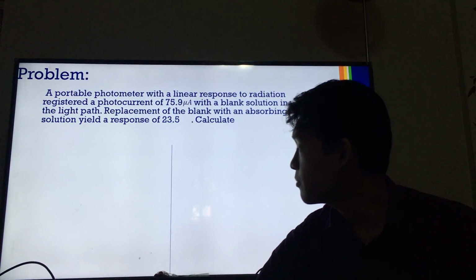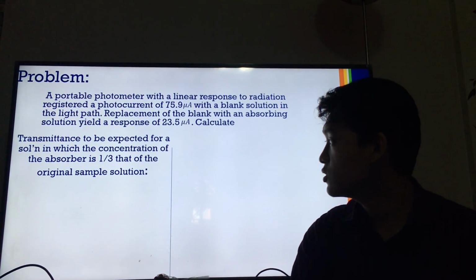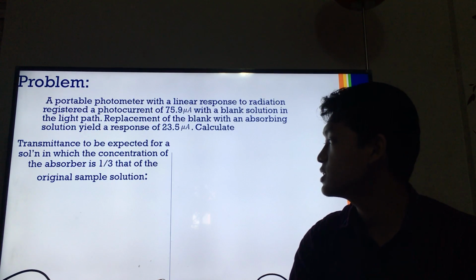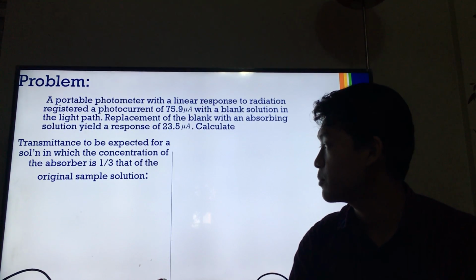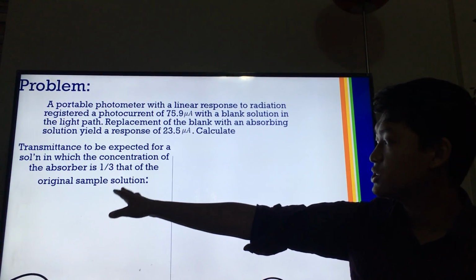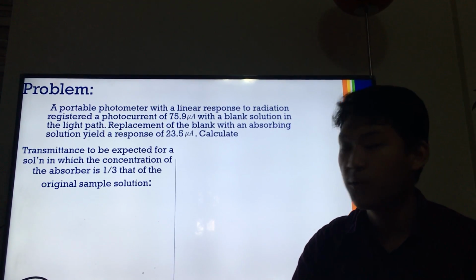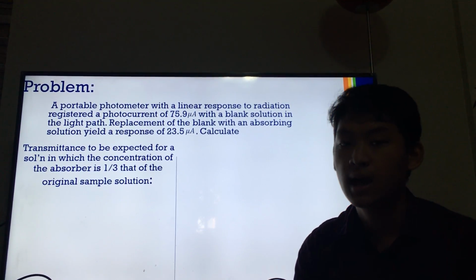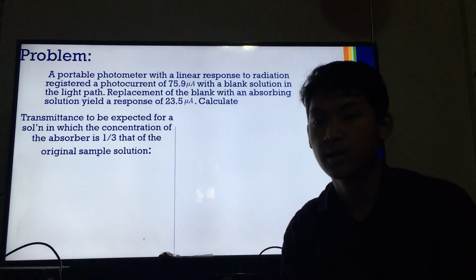So also from the problem, it wants us to know the transmittance to be expected for a solution in which the concentration of the absorber is 1/3 of that of the original sample solution. So here, we don't know what the concentration is, but we do know the absorbance of the original sample solution. And from the relationship given by the Beer-Lambert's law, we know that it is directly proportional.